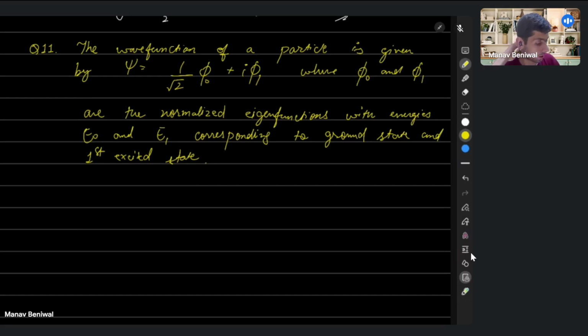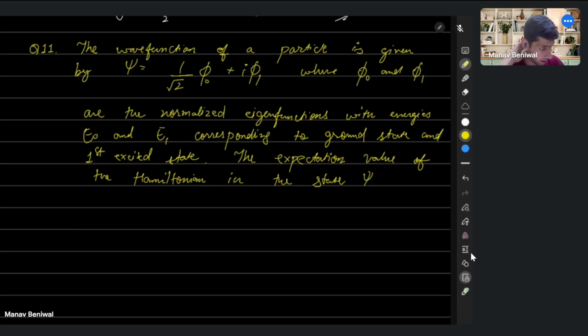Now the question is the expectation value of the Hamiltonian in the state psi.